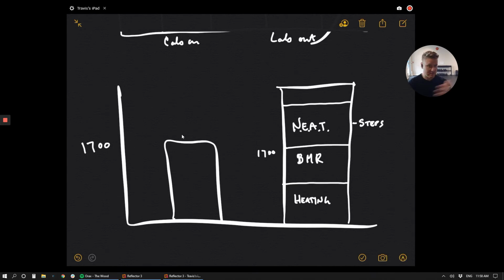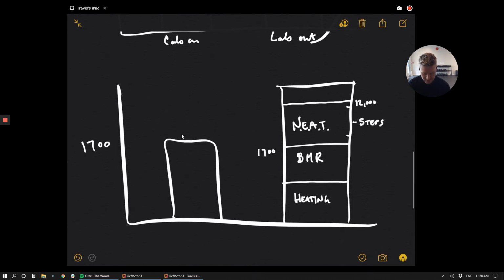And steps can go all over the place. So your steps could be a sedentary person. They could be sitting right here. The NEAT is only this big, right? That's like 2,000 steps a day. And that NEAT could be really large. Let's say 12,000. So this is NEAT there, 12,000, this is 2,000.